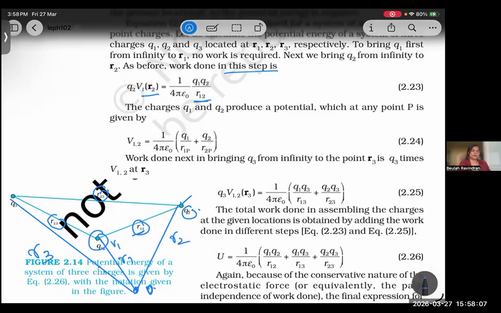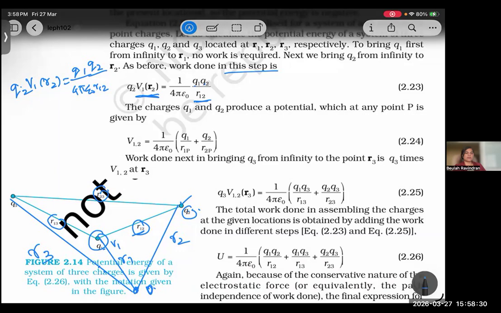So Q1 Q2 by 4 pi epsilon naught R12 we can write. So what is V1 of R12? Q1 by 4 pi epsilon naught R12. V1 of R2 is Q1 by 4 pi epsilon naught R12 into Q2. Is it clear?